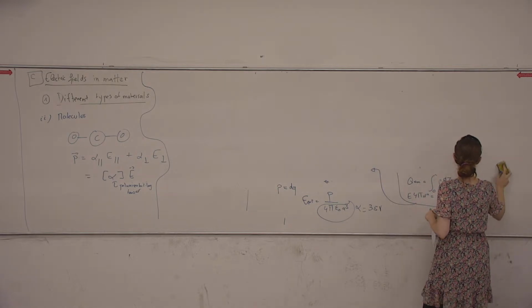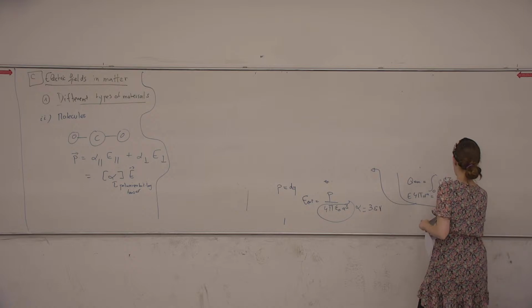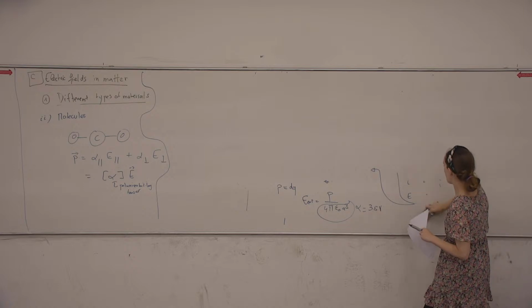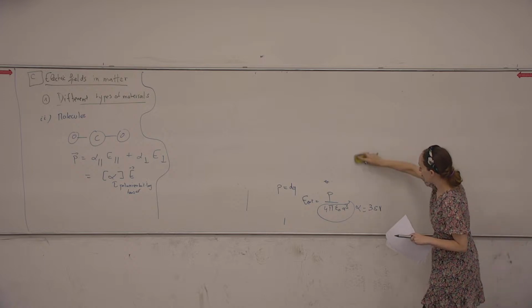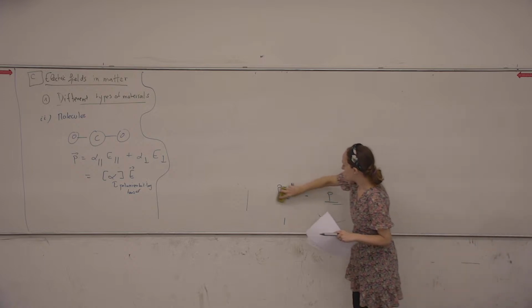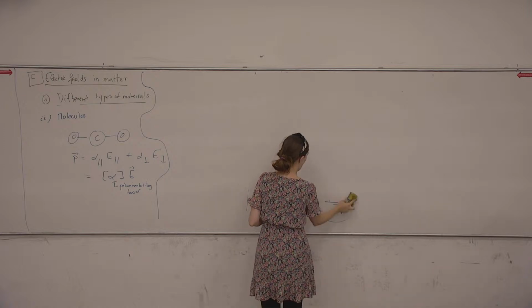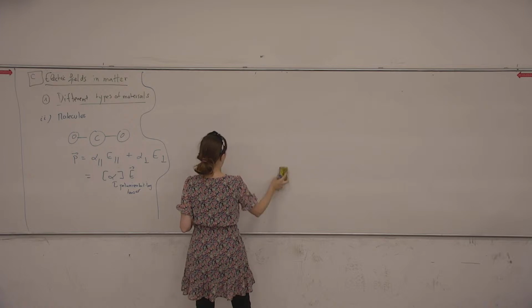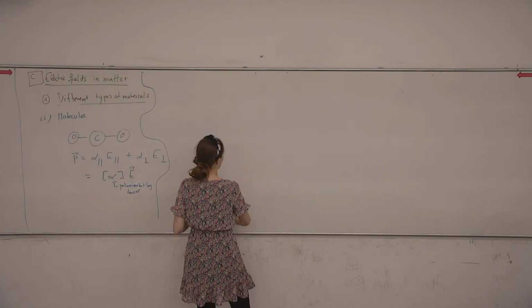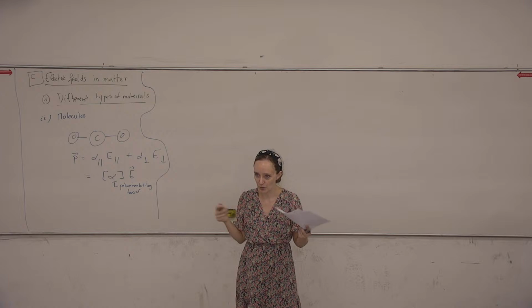If we apply a field, we have a polarization. I haven't defined it yet, but the polarization will be the density of dipole moments. My materials are made of many dipoles, and I can define a density of dipole moments.